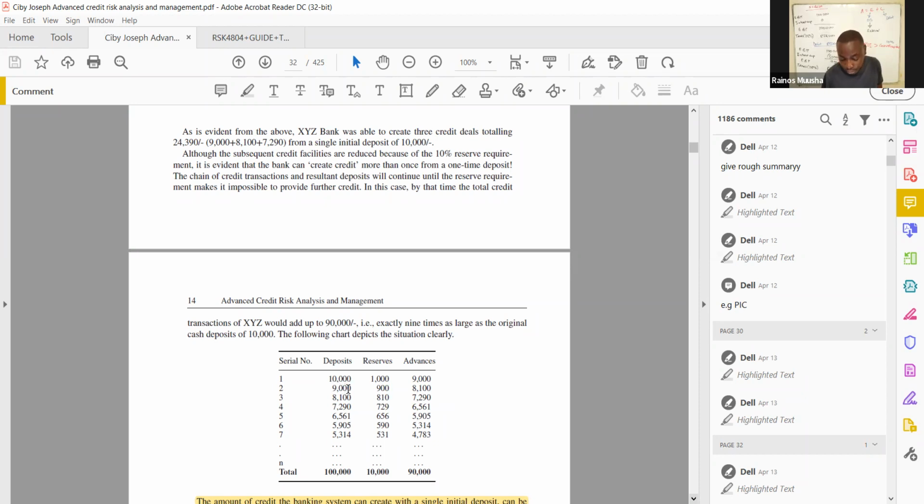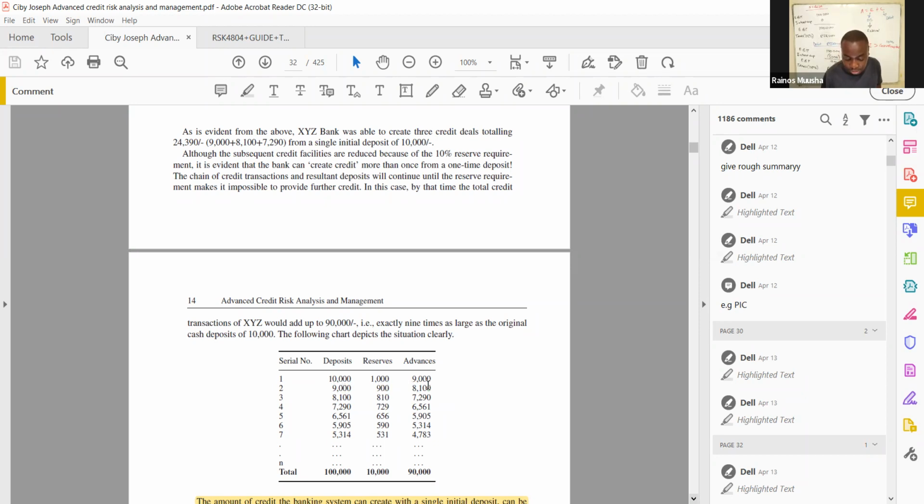If they deposit that 9,000, the bank is obligated to maintain 900 within the banking system. It means they are going to be able to advance how much? 8,100 to other customers as well.